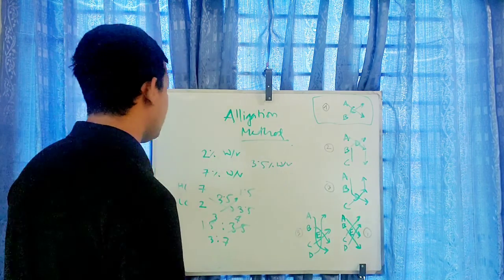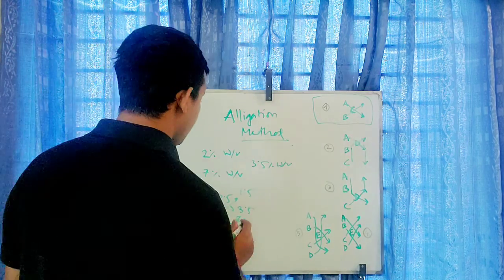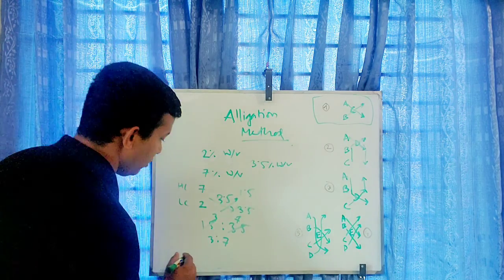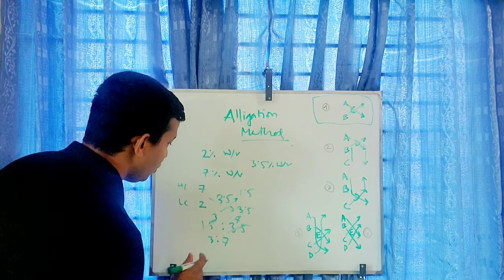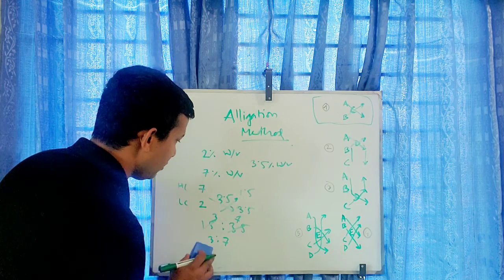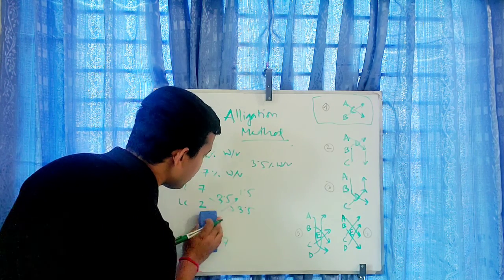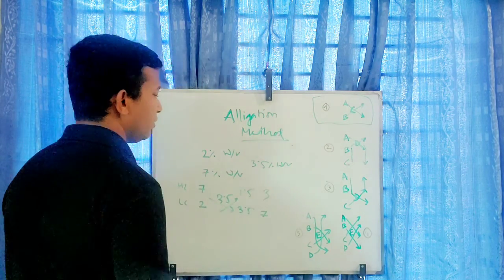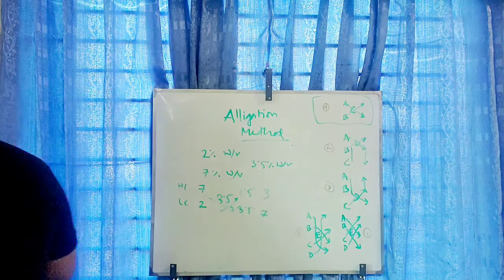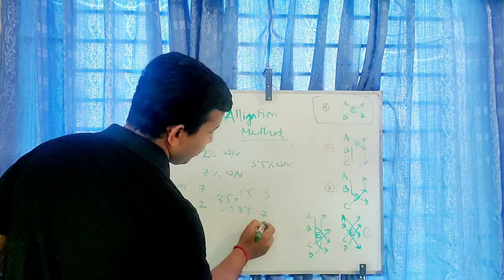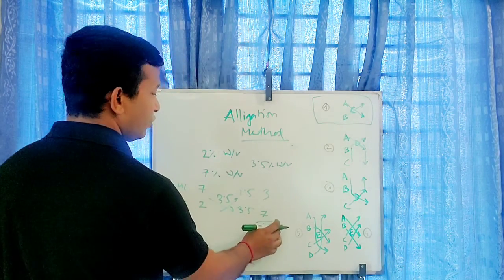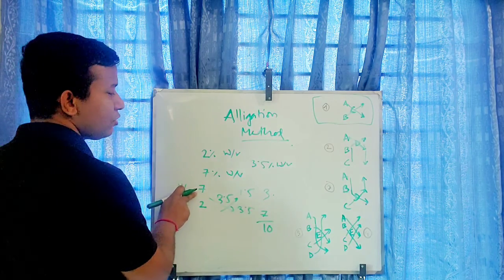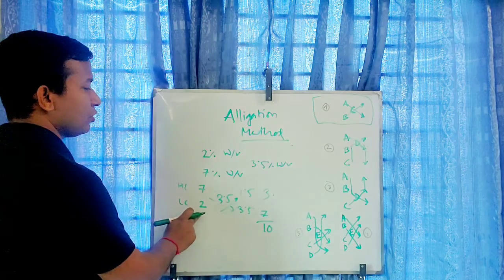So 3:7. What does it mean? Remember, 3:7. It means that if the total volume is 10 parts, 3 parts will be from one solution and 7 parts will be from the other.